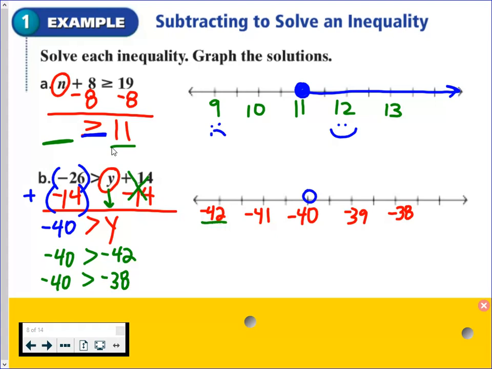I just picked one from each side. Well, the further you are this way, the bigger it is. So I don't think negative 40 is bigger than negative 38. I think negative 40 is bigger than negative 42.